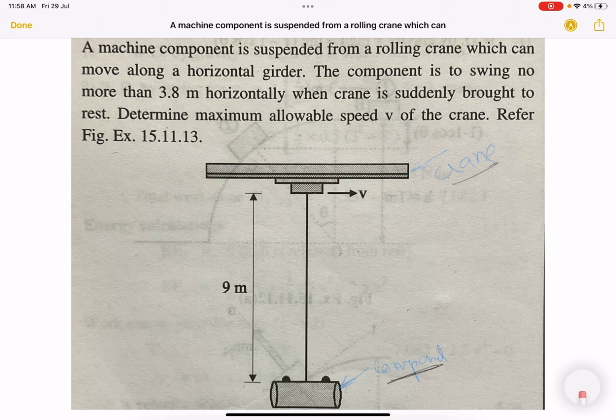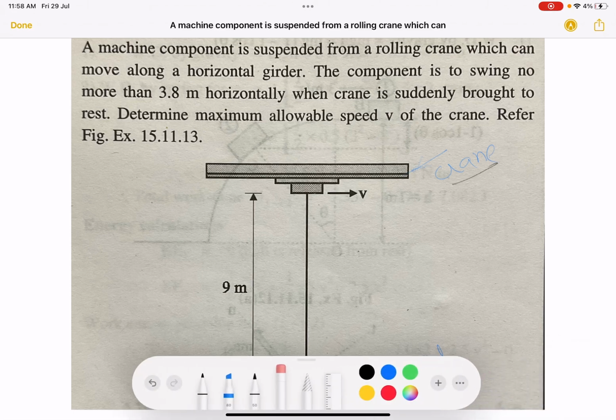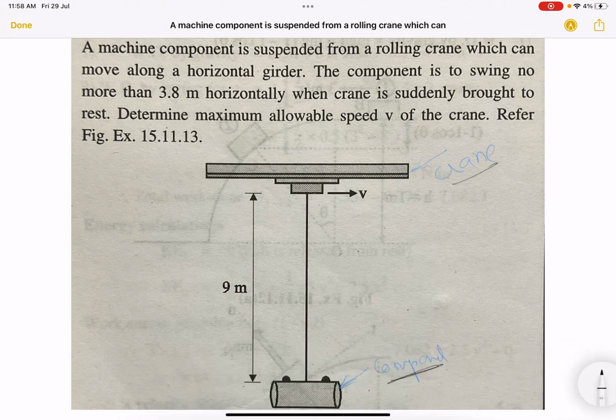Now see what is happening. The crane is moving in this direction, and obviously the component also will be moving in the same direction, right? Because the component is hanging, the velocity of the component and velocity of the crane will be the same.